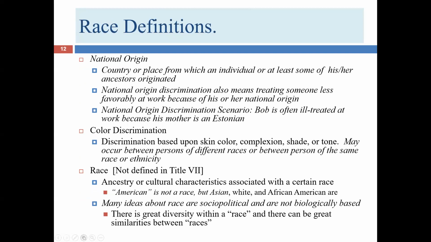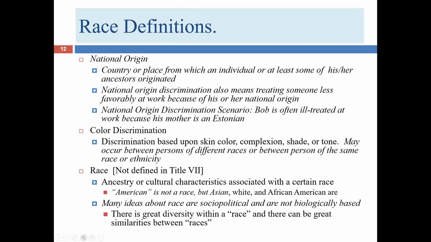What do we mean? There are several terms that kind of come together. One is national origin. Certainly, if my national origin is Kenyan, for example, or Sudanese, it's very likely that I will identify as of African descent. And I may have an accent that is identified as of African descent.